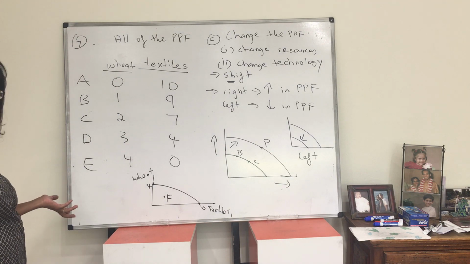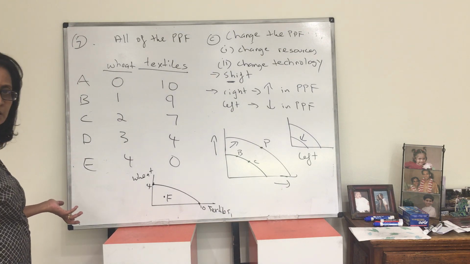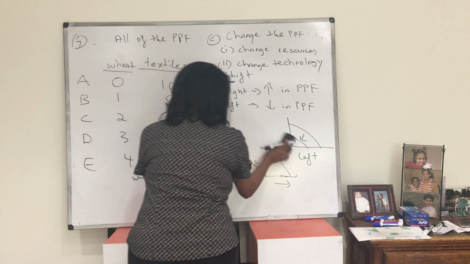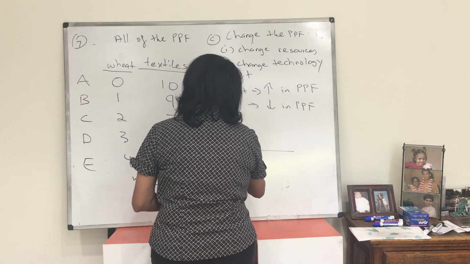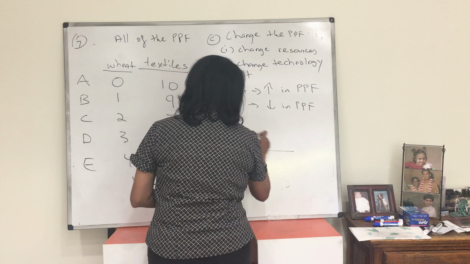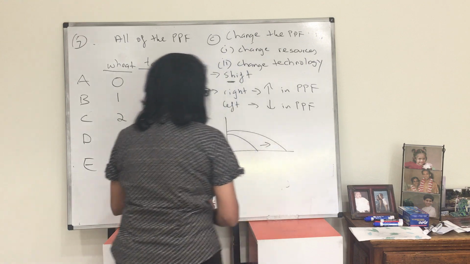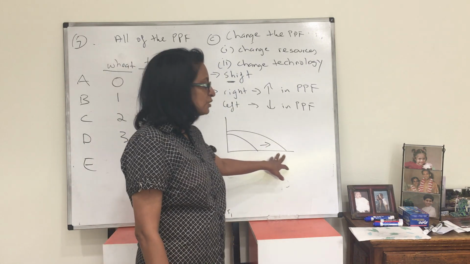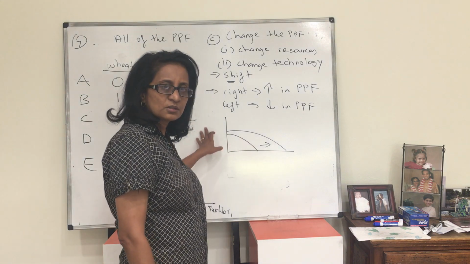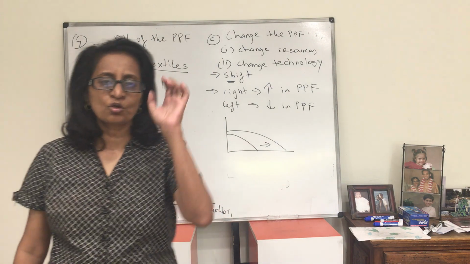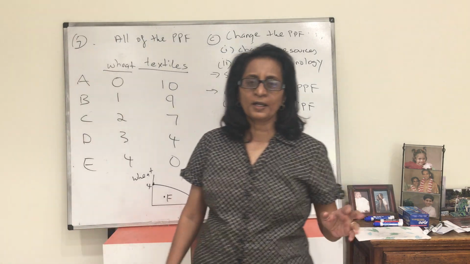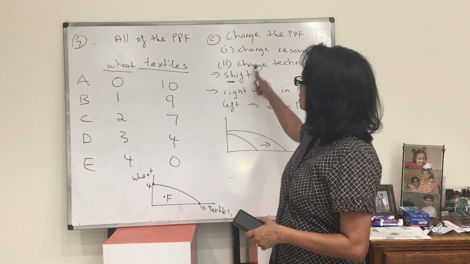I will just let you copy this for a second and then show you. You don't have to shift parallel. In other words, you can have a shift to the right, but it did something like this. You can shift this way. That means more of your resources were in textile and less of the change was in wheat. So as long as it shifts, there's a whole new graph, whether it's left or right. That is what we call a change.